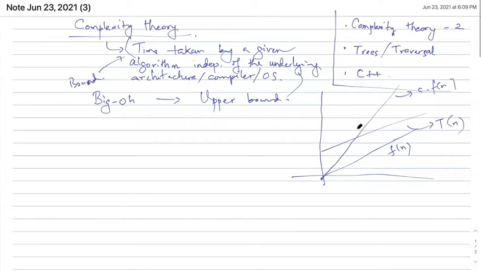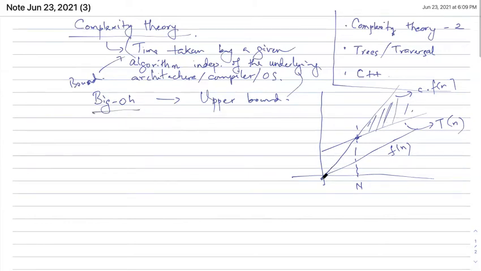As a result, beyond a particular value of n, when you are multiplying with c times f(n), this is always going to act as an upper bound for T(n). That's the basic idea of the big O notation being the upper bound.